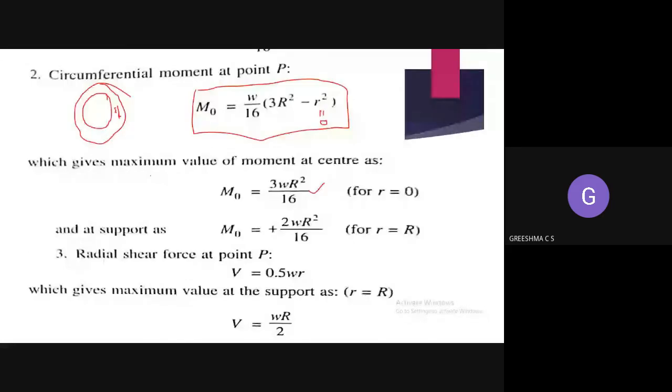So how to find out the circumferential moment that is occurring at the edges? Here at the edges, the small r is equal to large R, as you can see from this figure. Here you are having a circumferential moment.